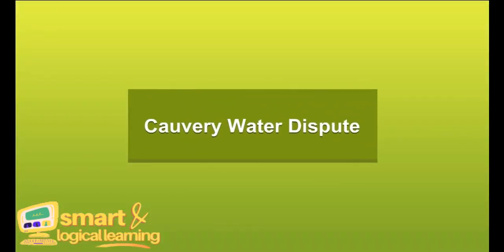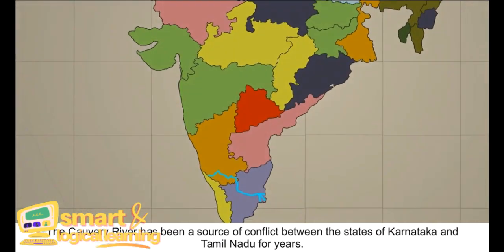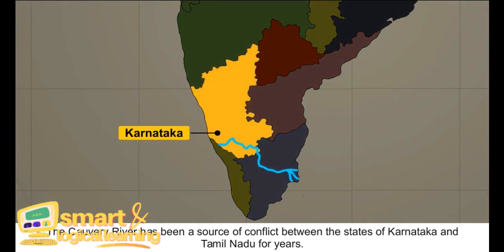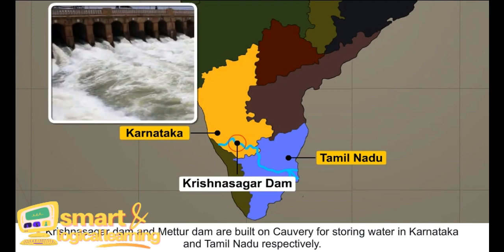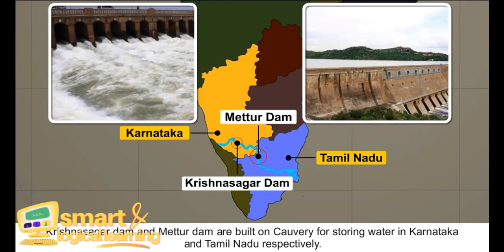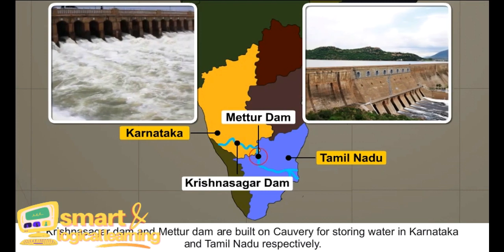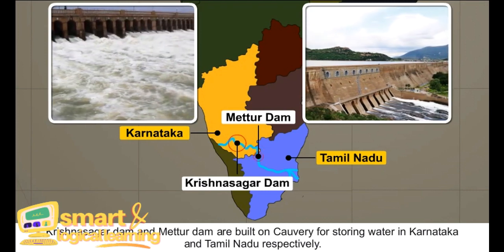Kaveri water dispute. The Kaveri River has been a source of conflict between the states of Karnataka and Tamil Nadu for years. Krishna Sagar Dam and Mettur Dam are built on Kaveri for storing water in Karnataka and Tamil Nadu respectively.